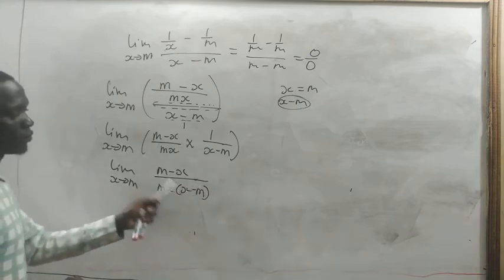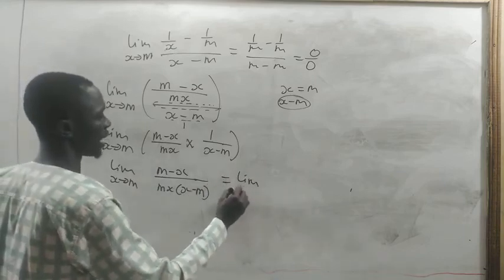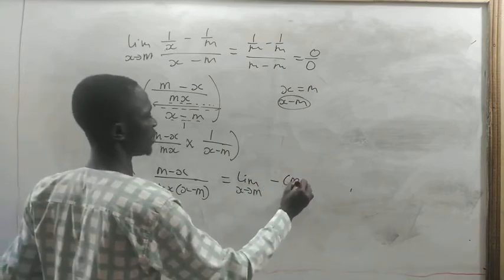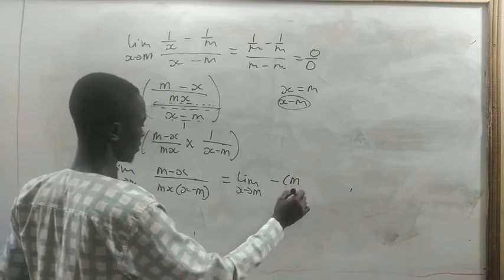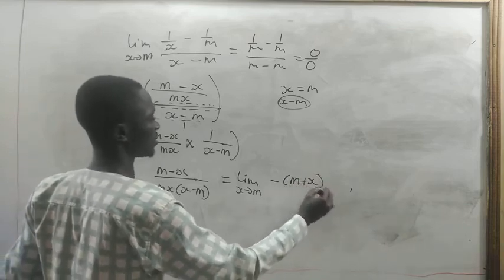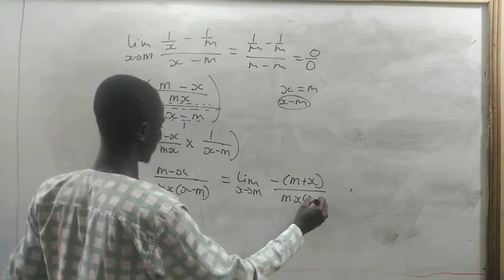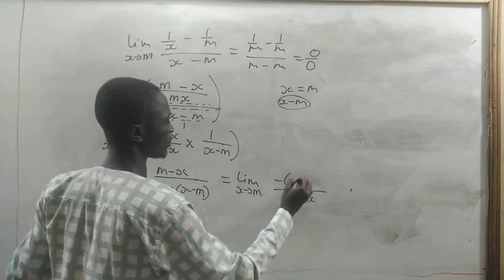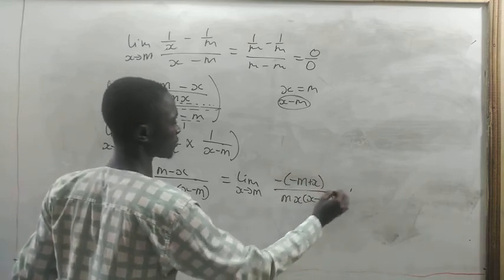So you cannot cancel out. So let's factorize. I've done that one already. So we take the limit as x approaches m of (m minus x) divided by m x (x minus m).